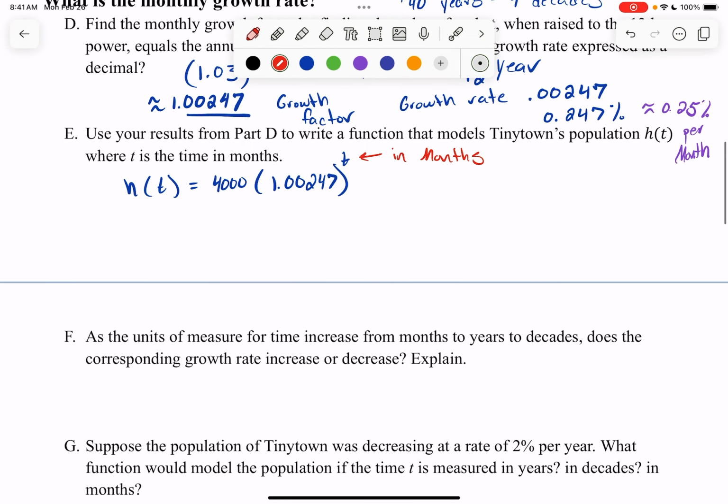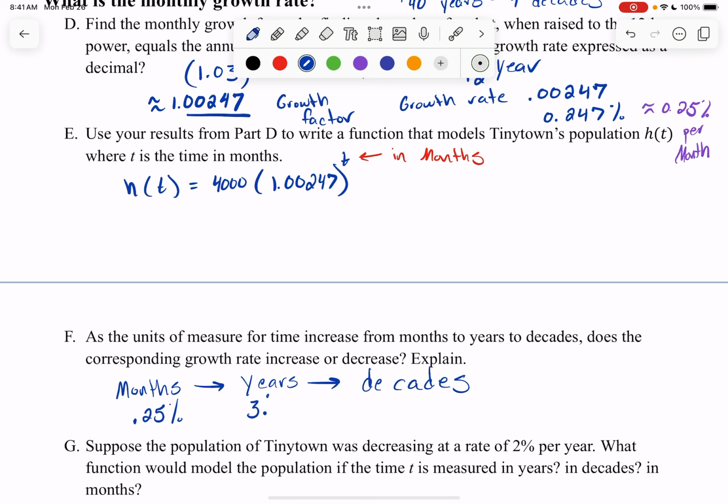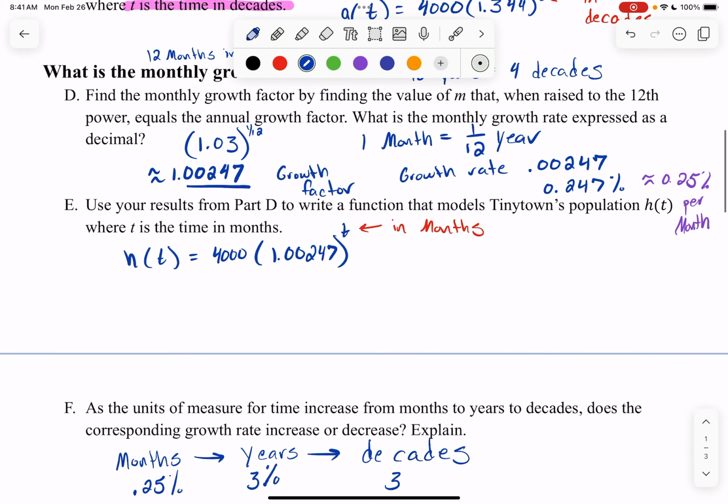So as the units of measure for time increase, as we go from months to years to decades, what does the corresponding growth rate do? Well, the month's growth rate was approximately 0.25%. The yearly growth rate was 3%. The decade growth rate, if we come up here, was 34%.